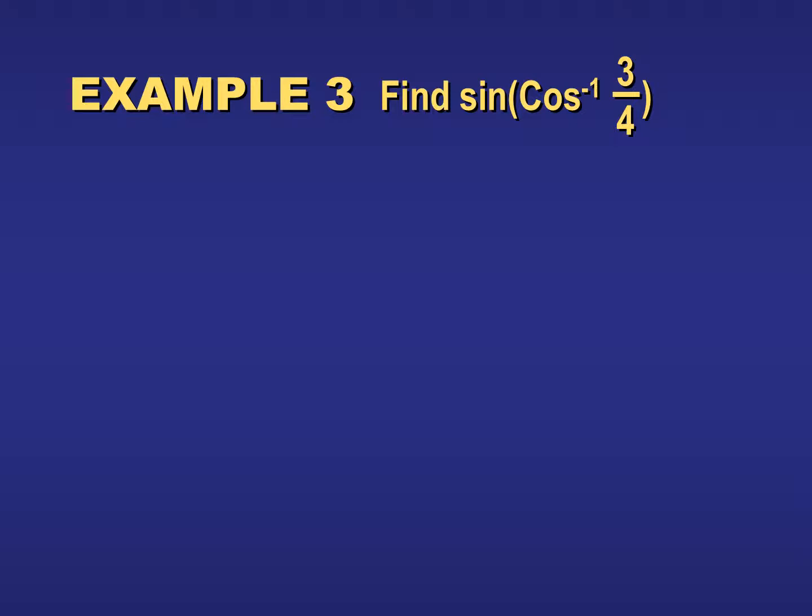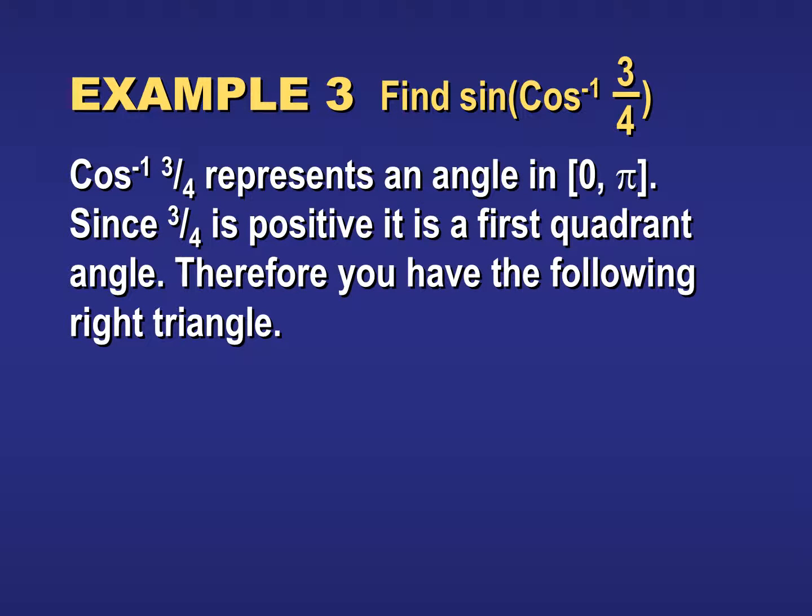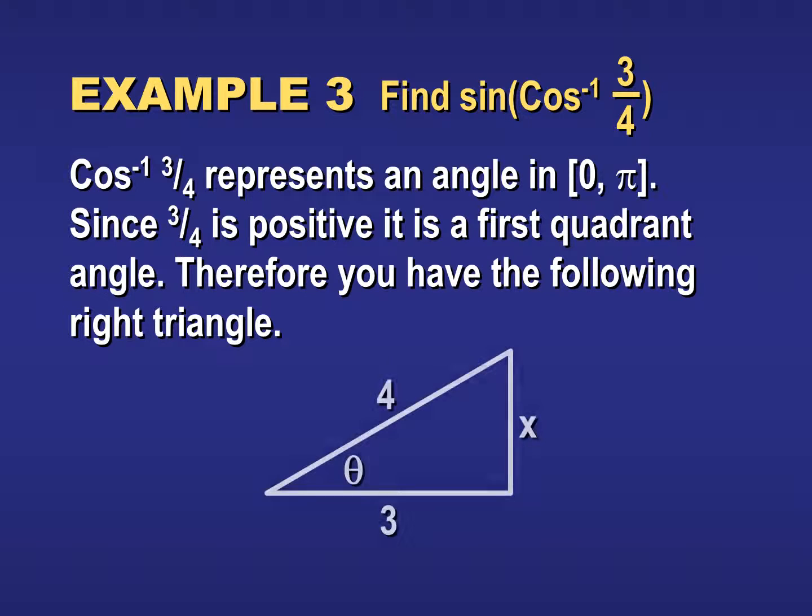So 3/4 is not. So what we're going to do is build a right triangle, so it represents an angle. Because remember, cosine is adjacent over hypotenuse. Since 3 and 4 are both positive, that means it's in the first quadrant. So we're going to have this right triangle.